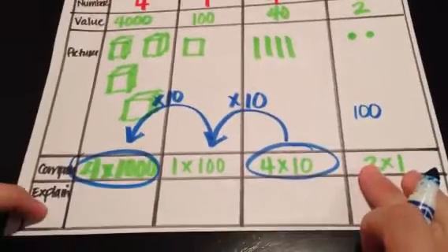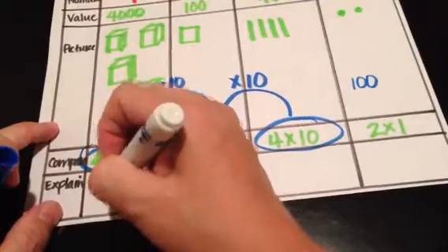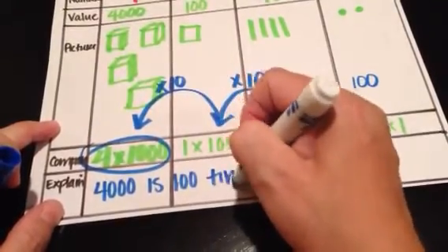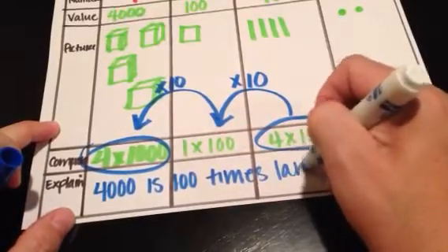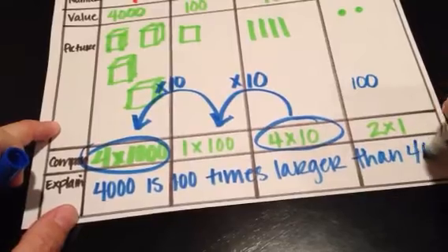Students can write this in the explanation box in several different ways. Students can write that 4,000 is 100 times larger than 40.